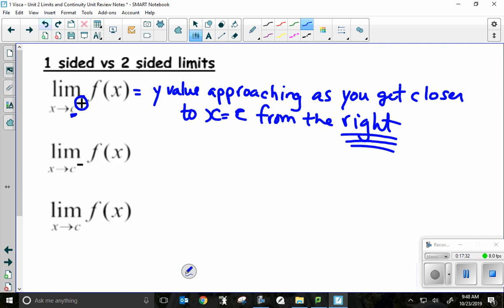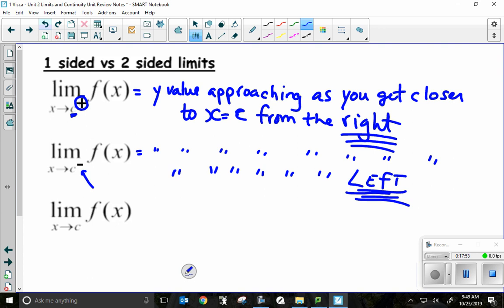Now, the minus is the same exact thing. These ditto marks mean I want this to say the same exact thing: the y value approaching as you get closer to x equals C from the left. That's what that means.